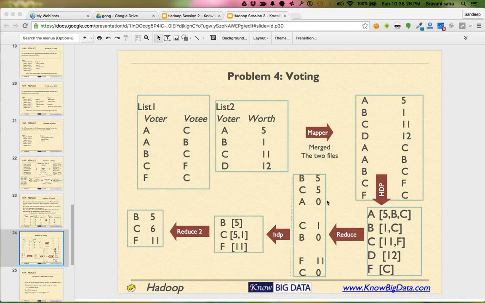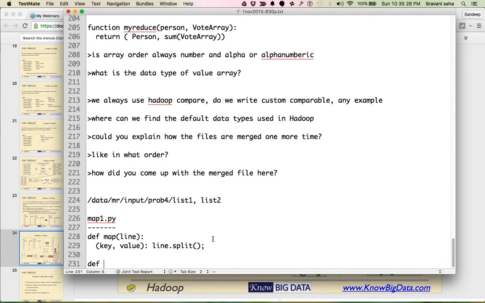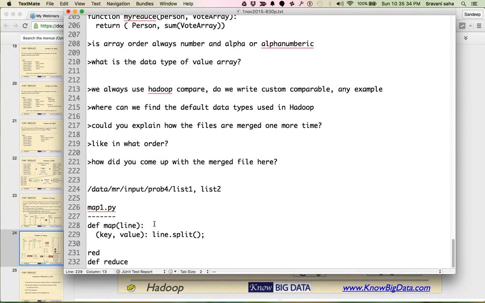Now the reduce one is reduce, and we don't need a function here. We'll just read from the input. Here there is while read input. So we will keep on reading from the input, standard input, and doing the split.